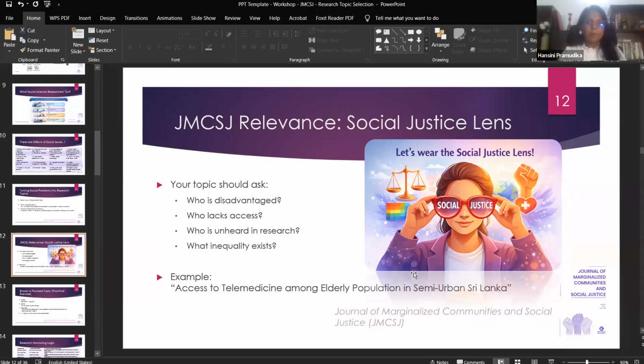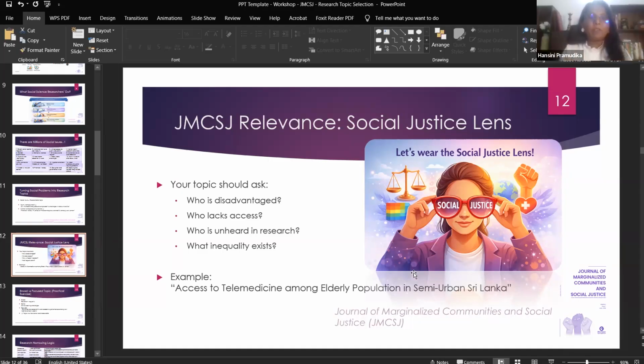And what inequality exists? This is contextual. We can't tell exactly, because someone can say women are marginalized. Is it true? Yes, but in some contexts. In some contexts, no. It is contextual, so you have to think carefully.